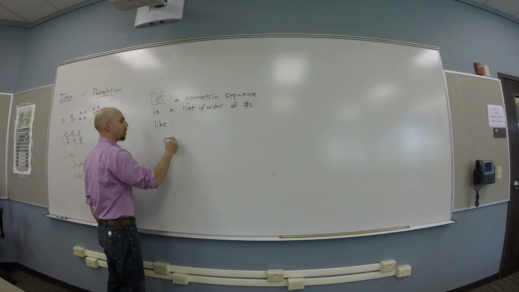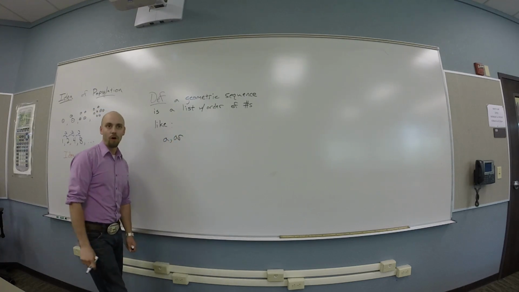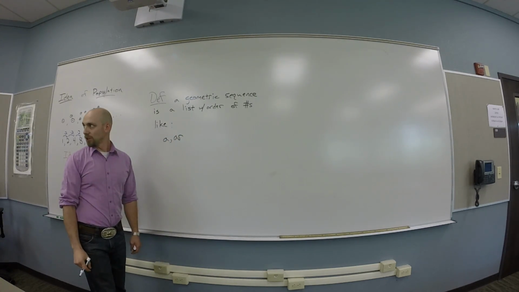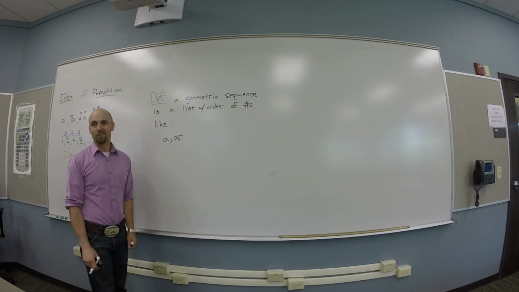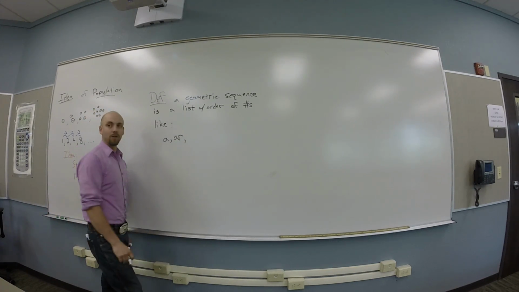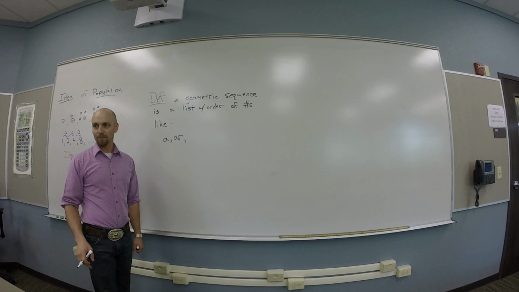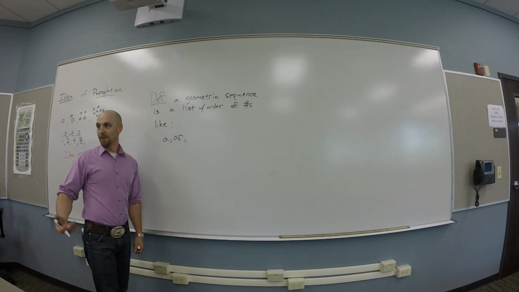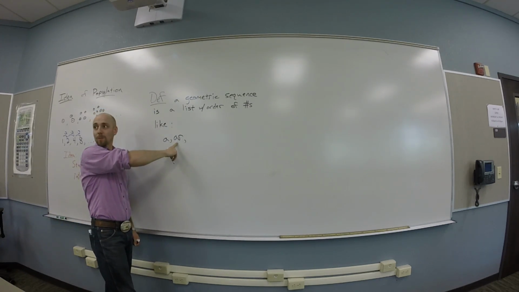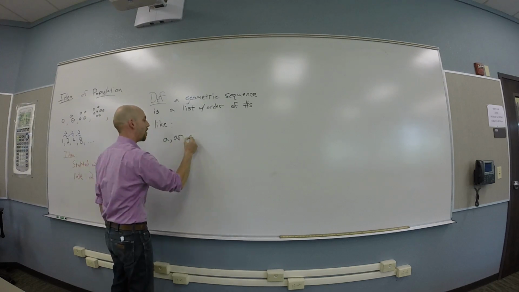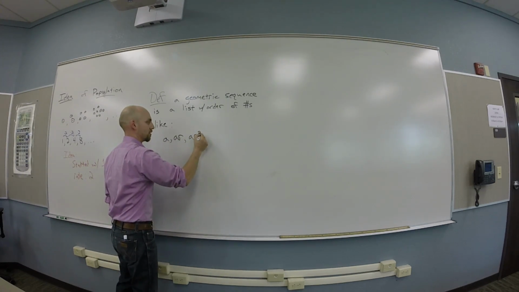So here we're going to multiply by some other number, R. What's the R stand for in this? Rate. And then what happens at the next step? You take this thing and you multiply it by R, so you get AR squared.